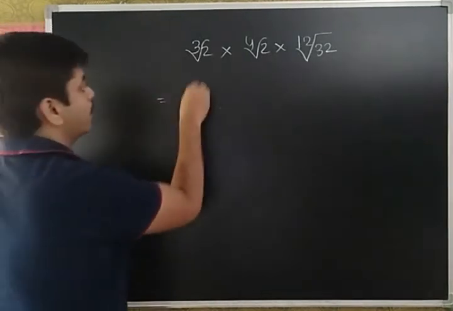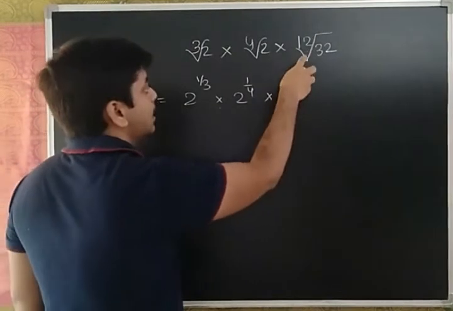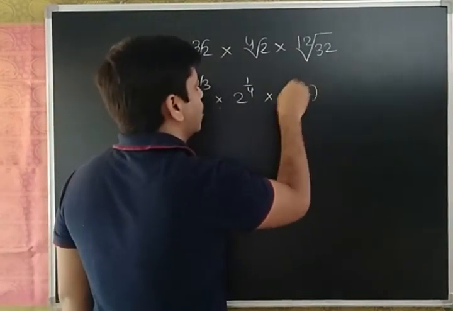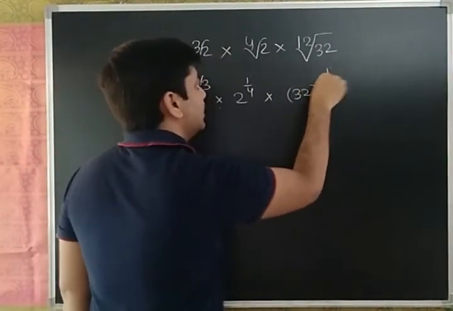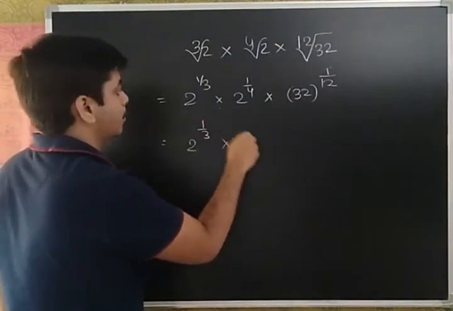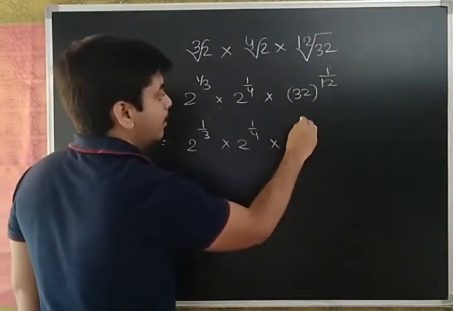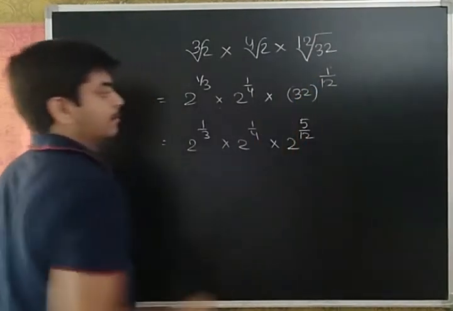So it is 2 power 1 by 3, this is 2 power 1 by 4, this is 32 power 1 by 12. What is 32? 32 is 2 power 5. So 2 power 1 by 3 into 2 power 1 by 4 into 2 power 5, into 1 by 12, will give you 2 power 5 by 12.